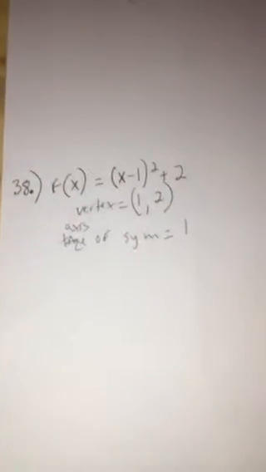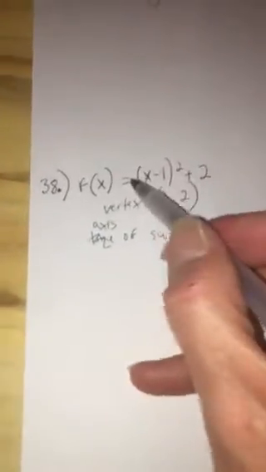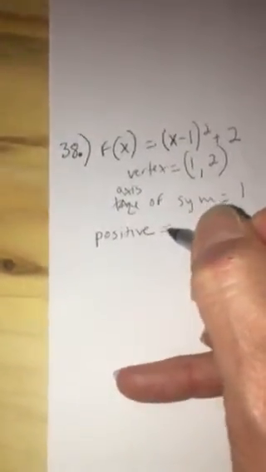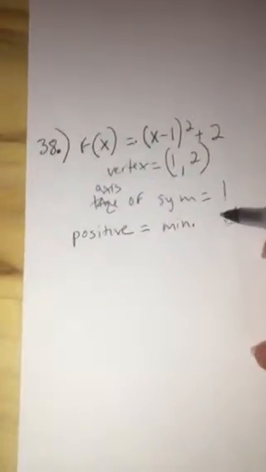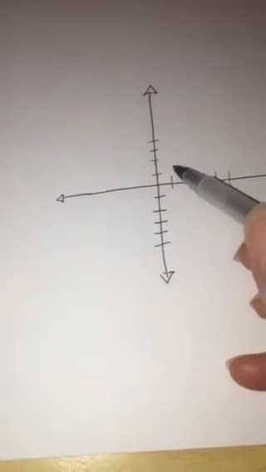Because that's the x value in that ordered pair. And then because the leading coefficient is also positive, it is going to be a minimum, and so my parabola is going to curve upwards. So I'll show you over here. I'm going to go over 1 and up 2.